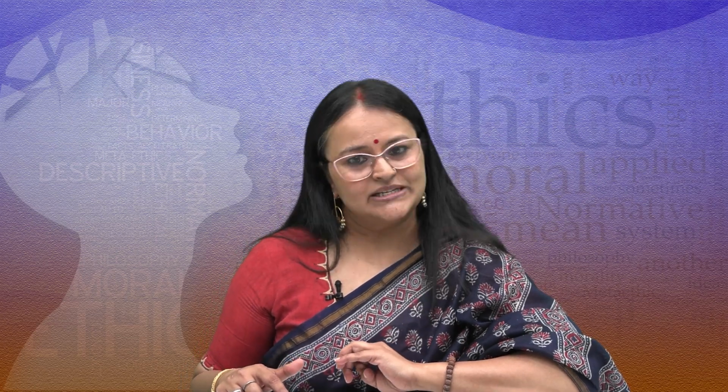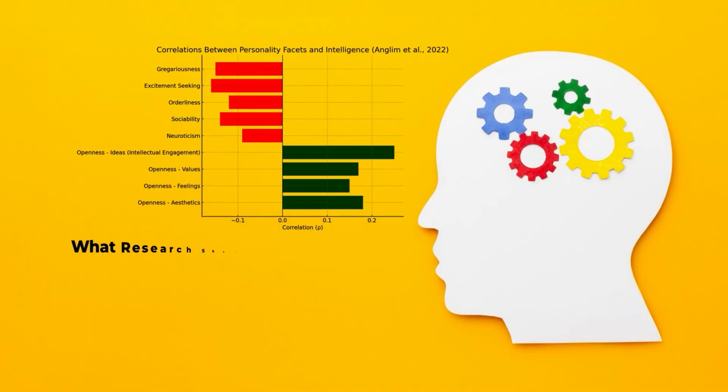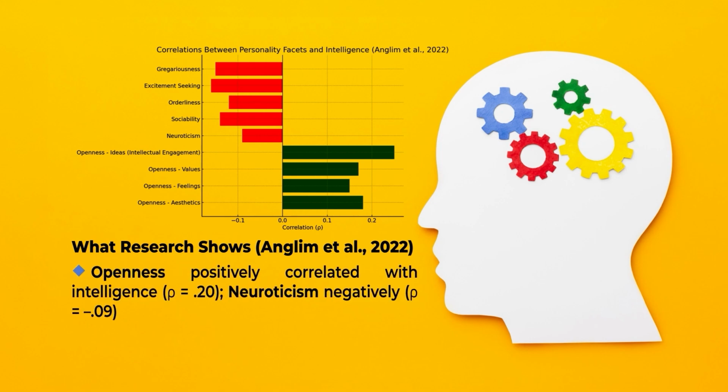Now, as I've already mentioned, with respect to intelligence and personality, one core trait that gets associated with intelligence is openness, and neuroticism is negatively associated with intelligence. However, one must notice that certain facets of personality like intellectual curiosity explain the relationship between intelligence and personality more than the broader trait.